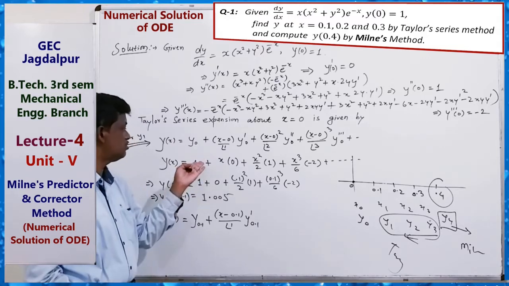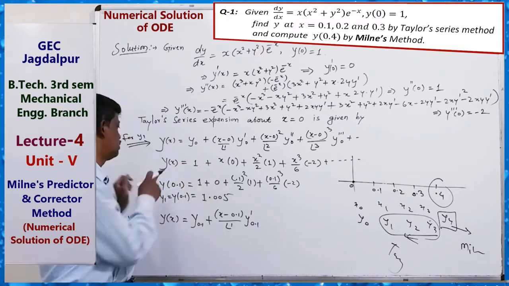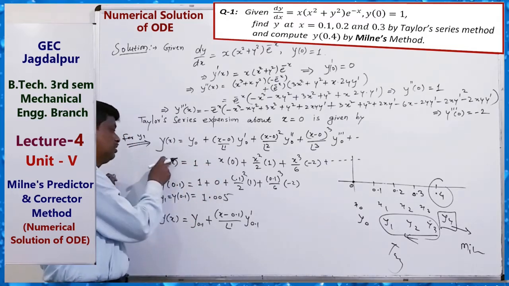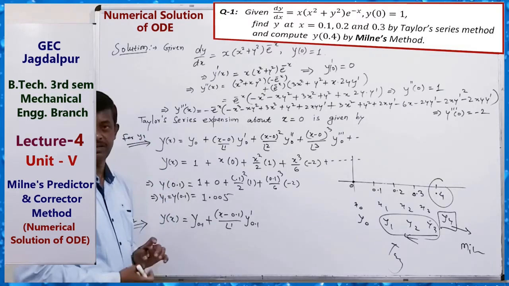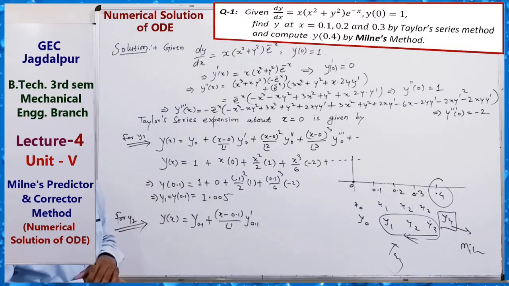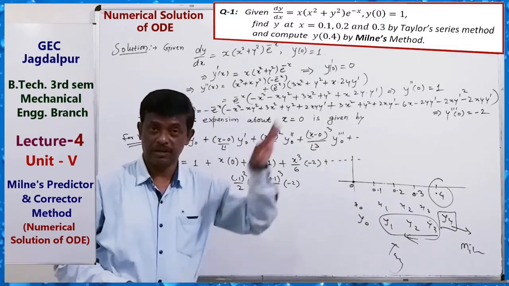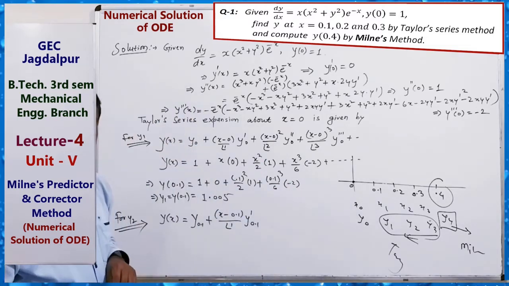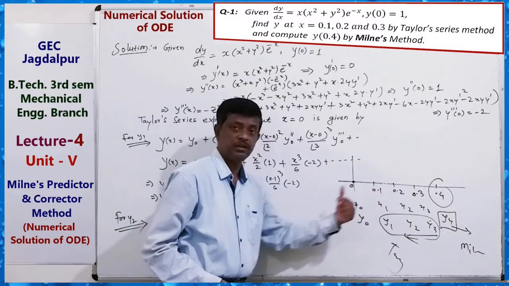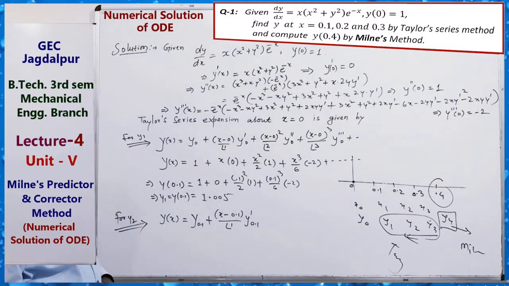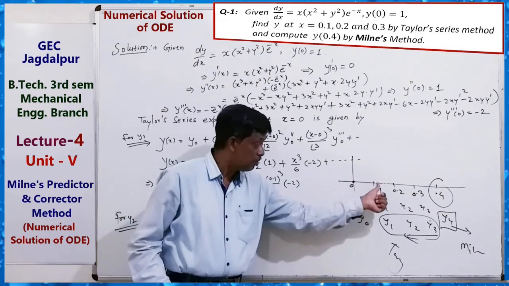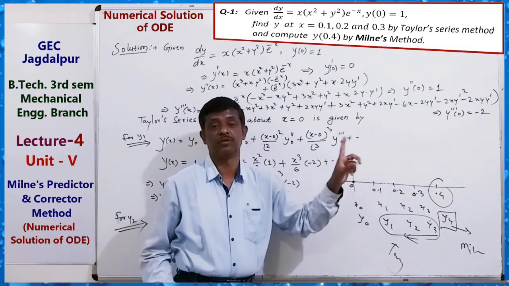And you can also use this value directly. Just put here x equals 0.3, you can get the value. But this is the main step for more accuracy of the points y2, y3 by the Taylor series method. If we expand about this point, then the formula will be like this. Now this is the origin. About this point, we have to expand the formula.